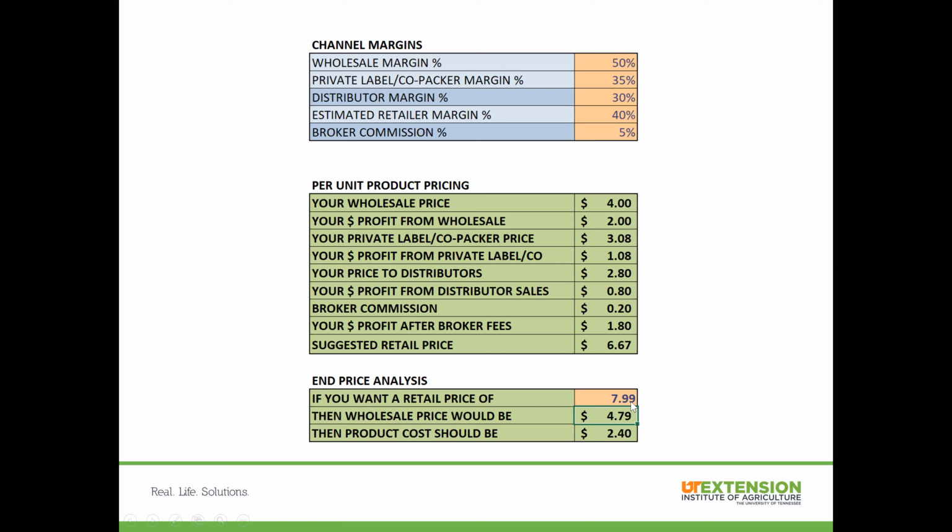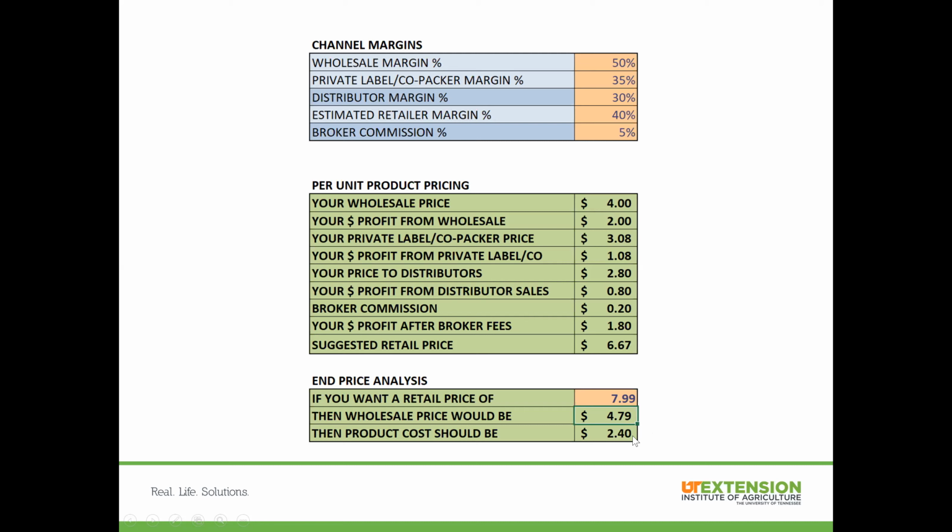There's another section here at the bottom that lets us plug in, if I want a retail price of $7.99 for that package of 3 cookies, then based on the wholesale margins that we have up here and the retail margin, the wholesale price would be $4.79, and the product cost should be $2.40.